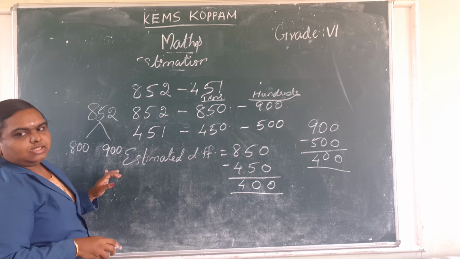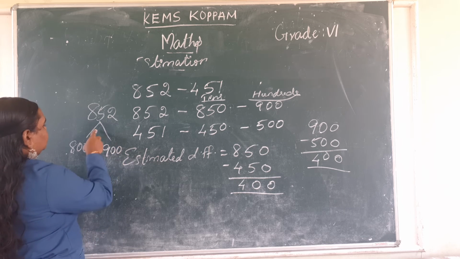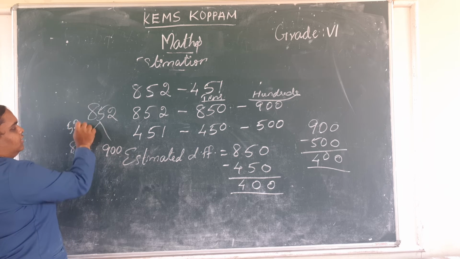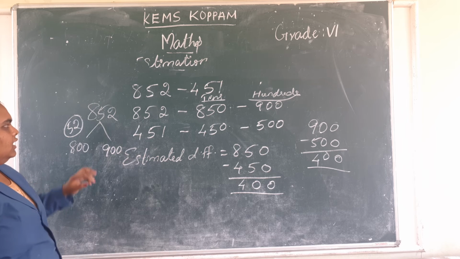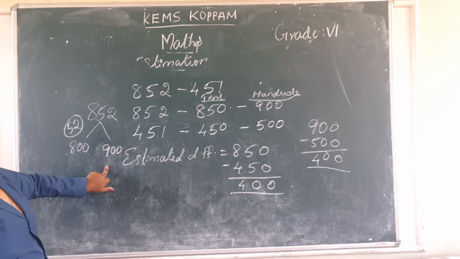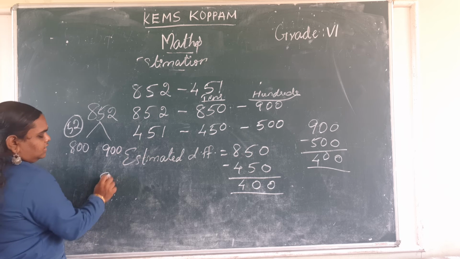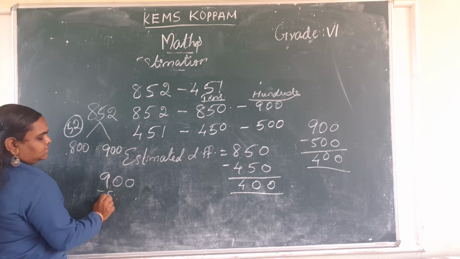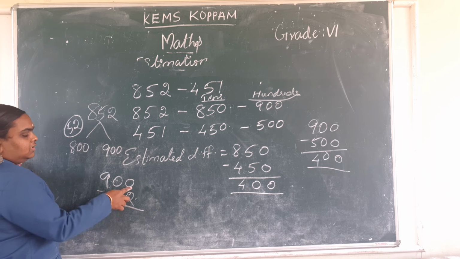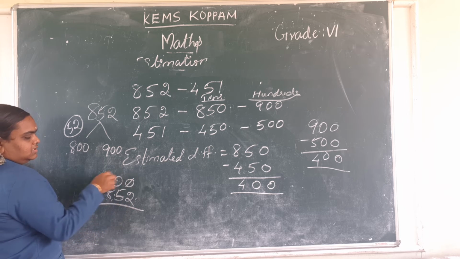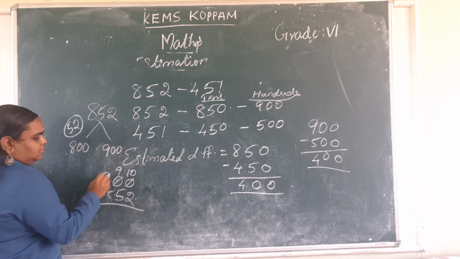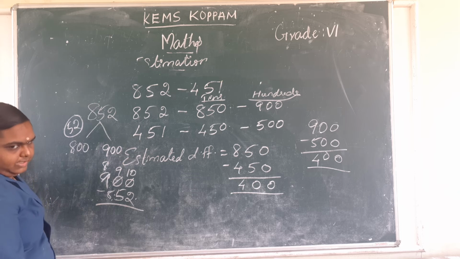If you are taking 852 minus 800, the difference will be 52. If you are taking 900 minus 852, how will we learn? 10 minus 2 is 8, borrowed from 9, so this will be converted into 8.